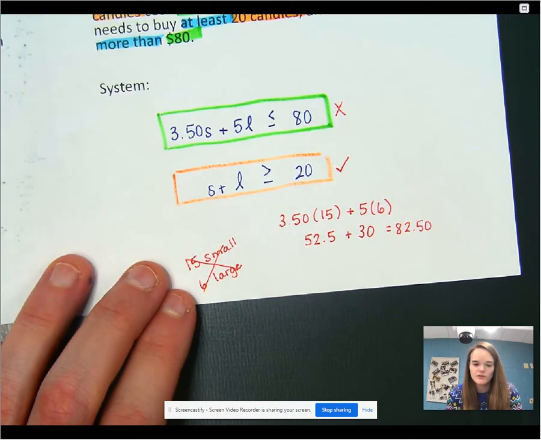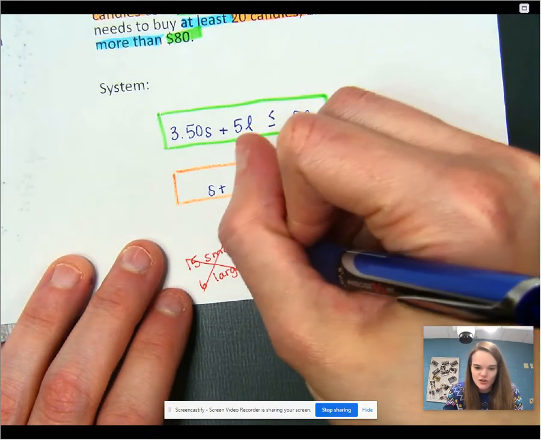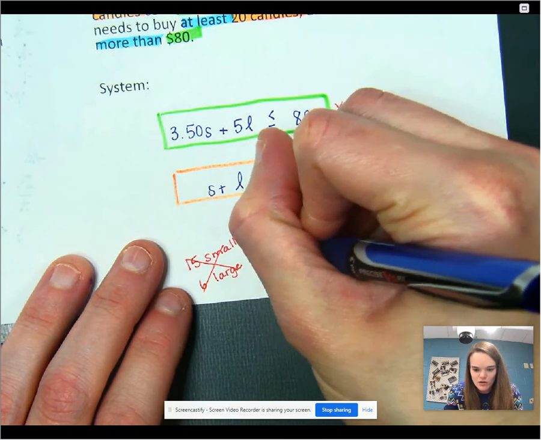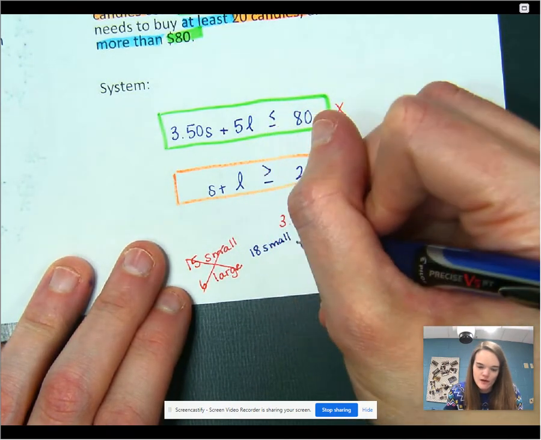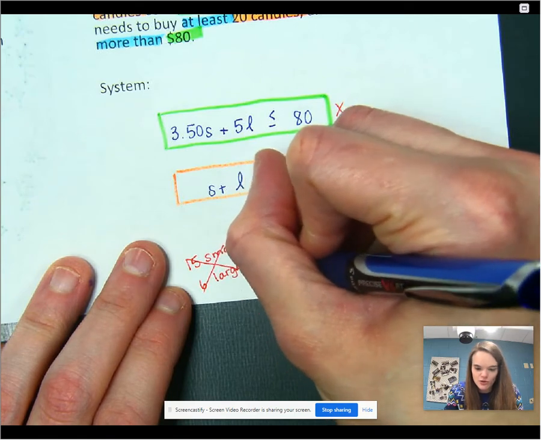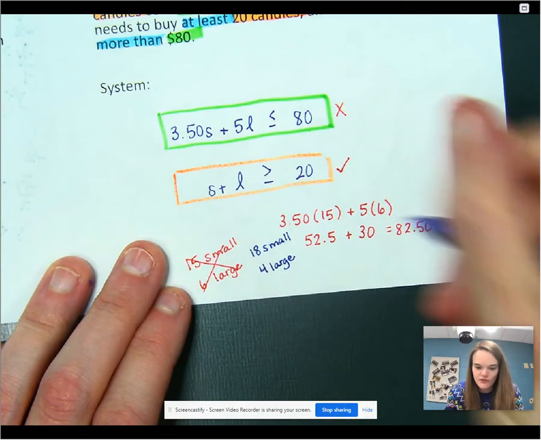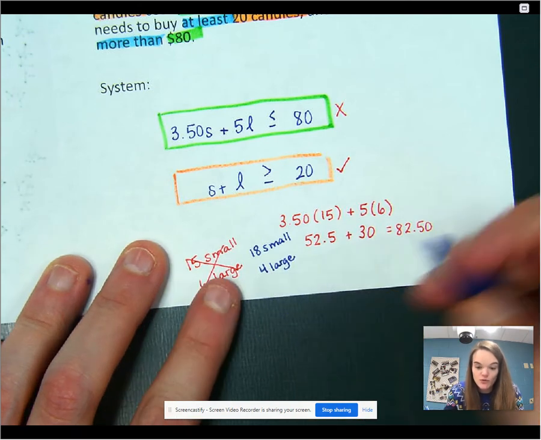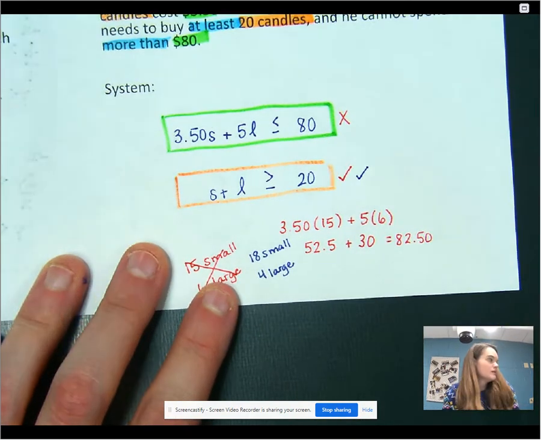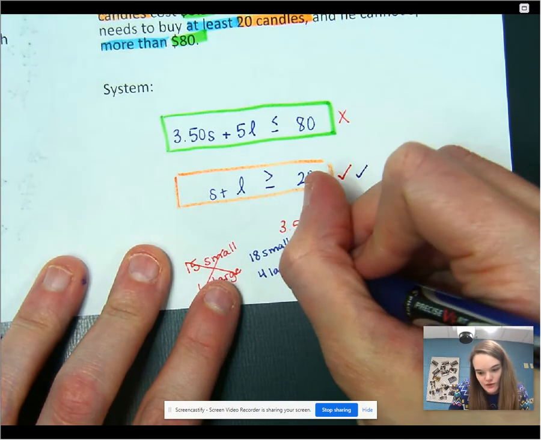What if he's decided to buy 18 small and 4 large? Let's see. 18 plus 4 is 22, so that is greater than 20. Let's see if it works here.